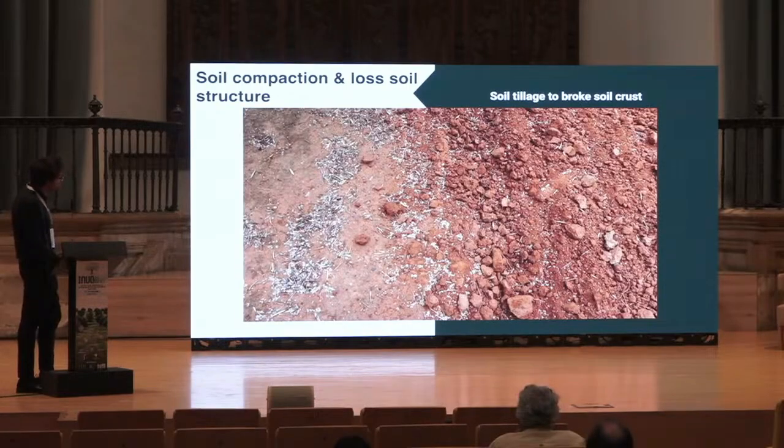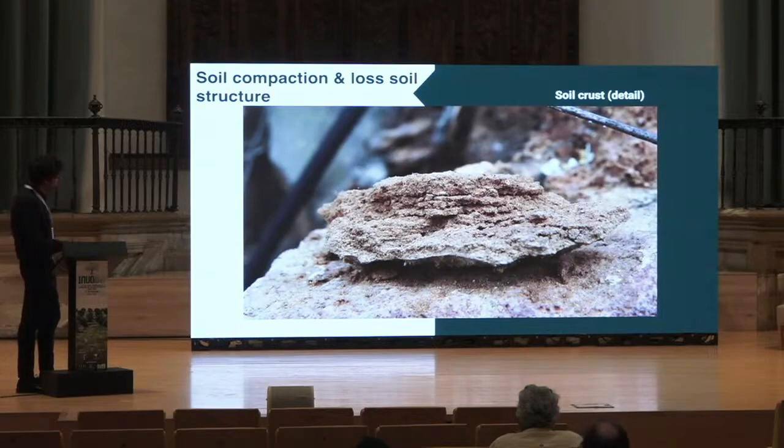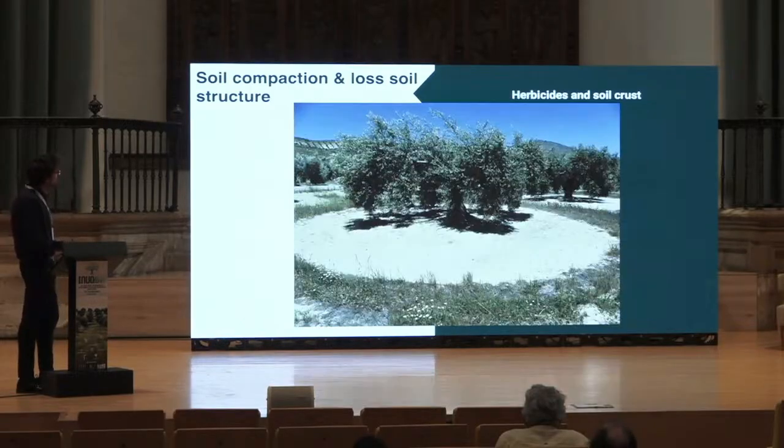But with every plow pass, obviously, the soil is losing more and more organic carbon. This is a detail of the soil crust that can explain why a crusted soil can lose almost 100% of the rainfall water as runoff.